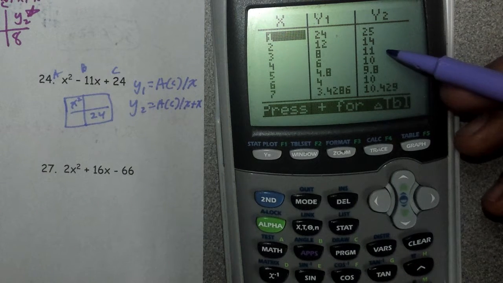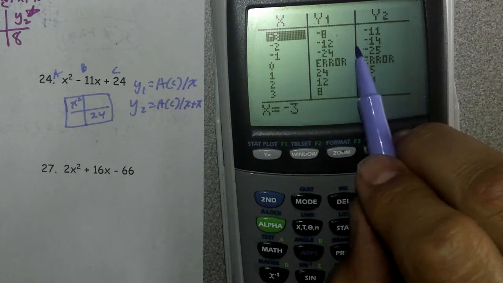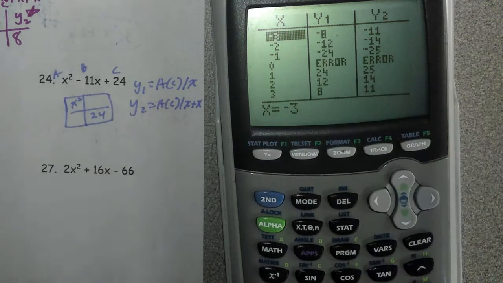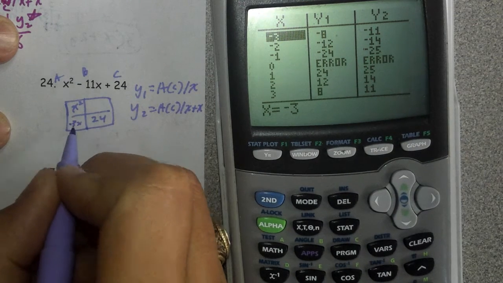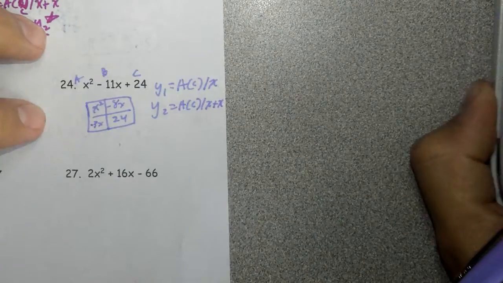I see 11 right here, but I realize it's positive 11. I need a negative 11, so I'm probably going to go the other direction. I have a negative 3 and a negative 8 is where I'm looking. So I'm going to take the negative 3 and the negative 8 and put them in my box.